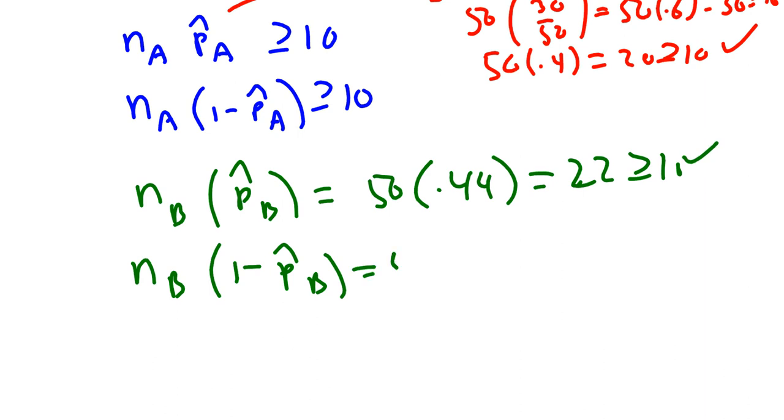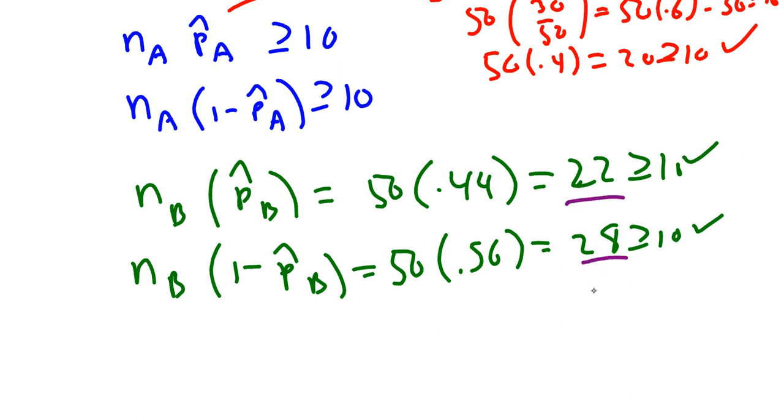And then you'd have 50 times 0.56, which gives you 28. You shouldn't really be surprised. That's also greater than or equal to 10, but notice if you take the 22 and the 28 and you add them together, you get the total of 50. It shouldn't surprise you because these two percentages add to 100.